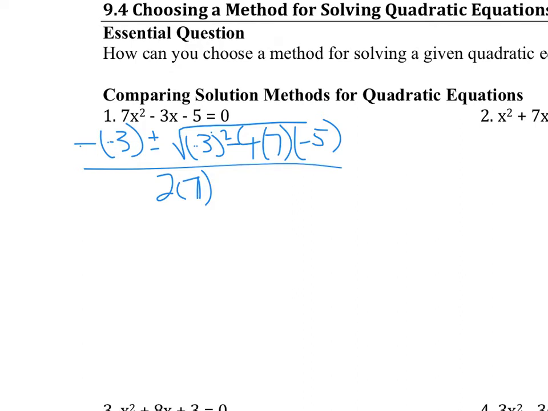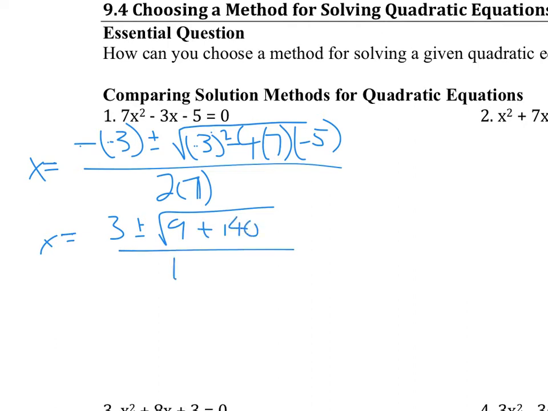So simplify, and then this is x equals, 2 negatives there make a positive 3, plus or minus. Negative 3 squared is 9. 4 times 7 times 5. Let me see. 4 times 5 is 20. 20 times 7 is 140. And then 2 negatives make it positive 140. All over 14.